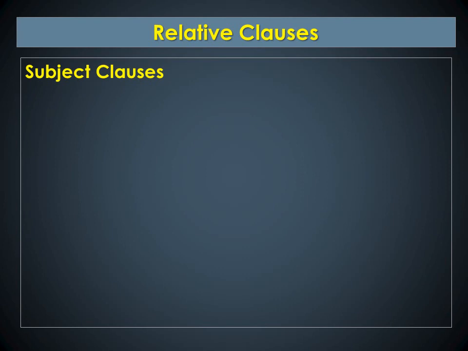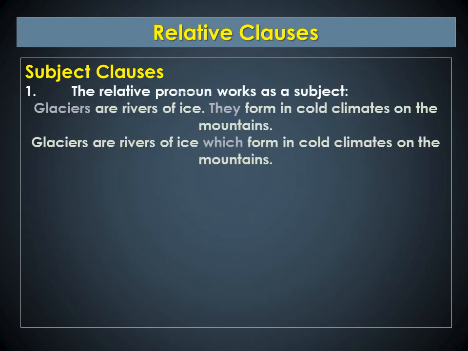Clearly, if the relative pronoun substitutes for the subject, then we're going to have a subject clause. Observe the example. Glaciers are rivers of ice. They form in cold climates on the mountains. You see, they substitutes for glaciers. So, we've got a subject clause in which form in cold climates on the mountains. Glaciers are rivers of ice which form in cold climates on the mountains.